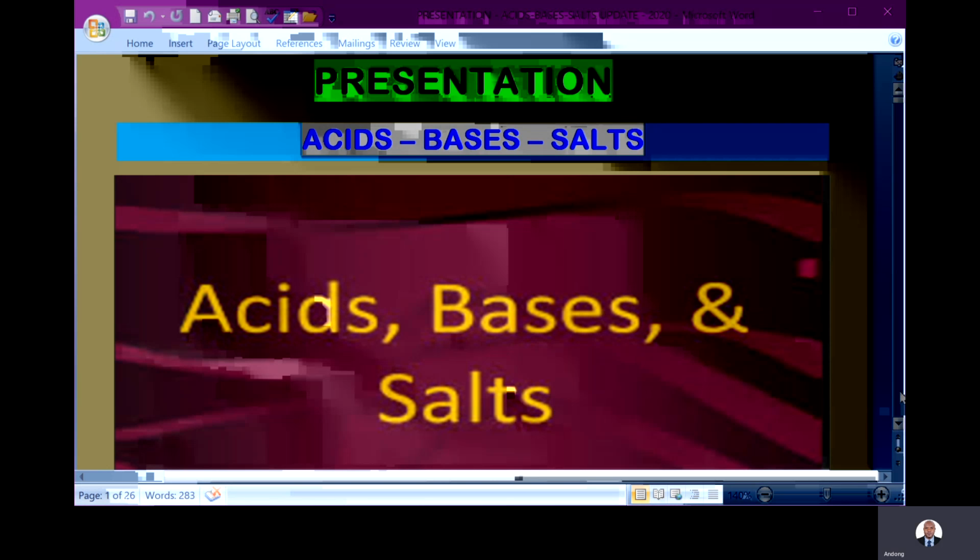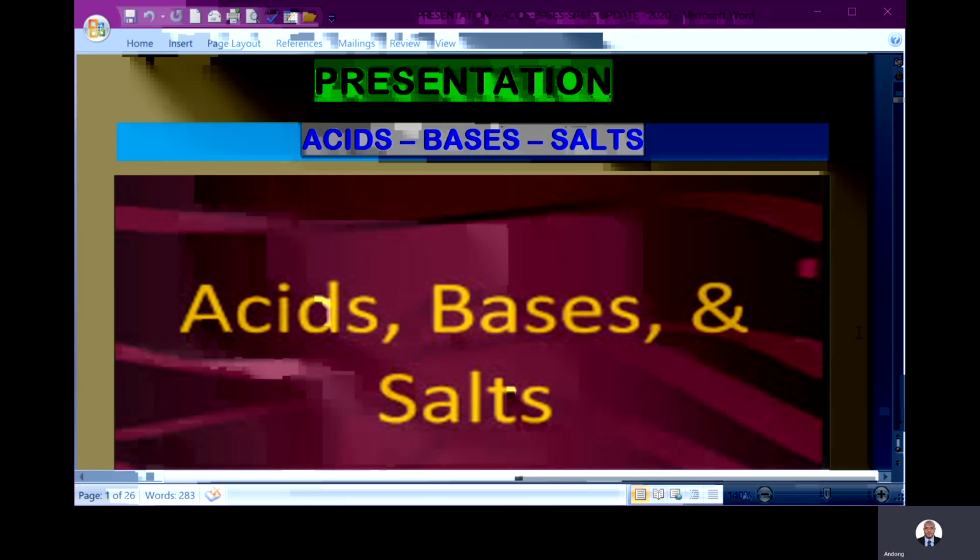You should be able to give the different characteristics of acids in terms of their reactivity with metals, with alkali or bases, with carbonates. You should be able to give the characteristics of acids and bases in terms of their hydrogen ion concentration and their OH ion concentration in water.